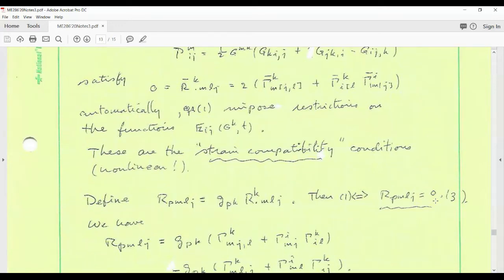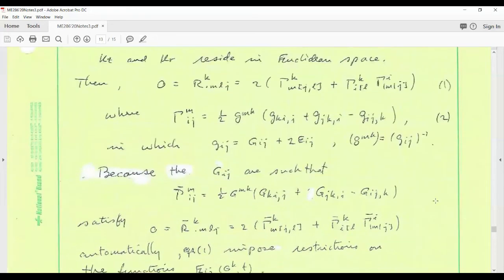The strains of a body give rise to a deformation field. Let's put it this way. For the strains that satisfy equation 1, it looks like those were a lot of equations because each index ranges from 1 to 3 separately, so there are 81 equations. That looks horrible. We'll show it's not so horrible in a moment.